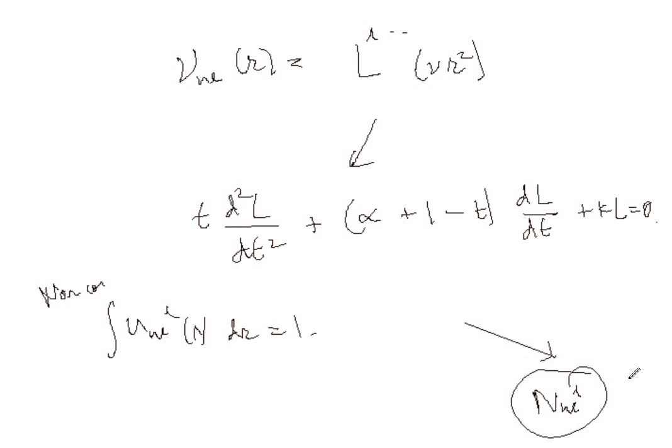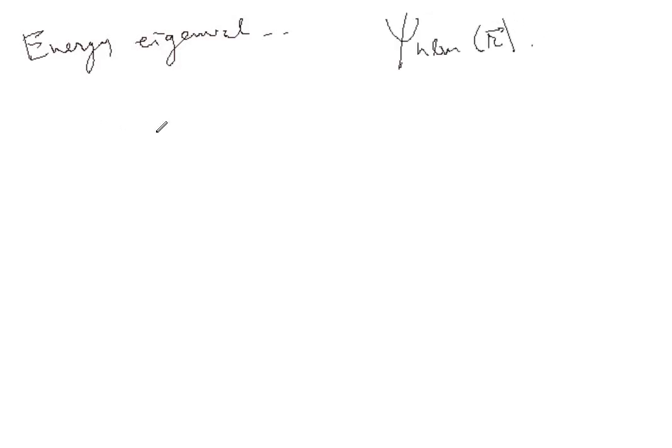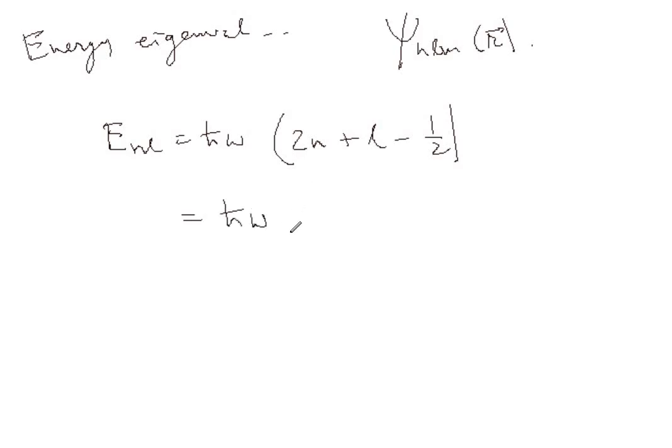What about eigenvalues? The energy eigenvalues corresponding to the wave function psi n l m are given by E n l equal to h cross omega times twice n plus l minus half, and this we can write as h cross omega times lambda plus 3 by 2, where lambda is a new number.